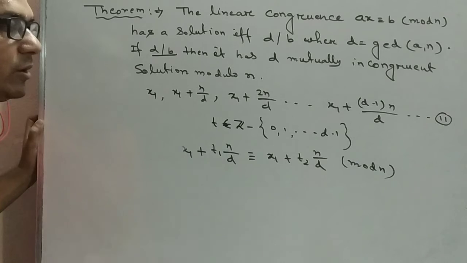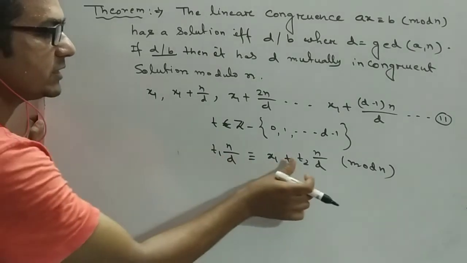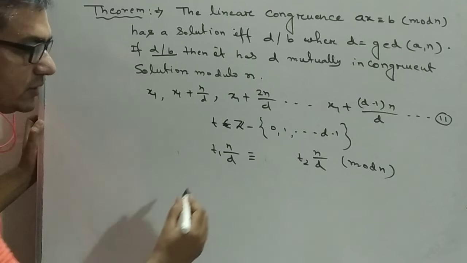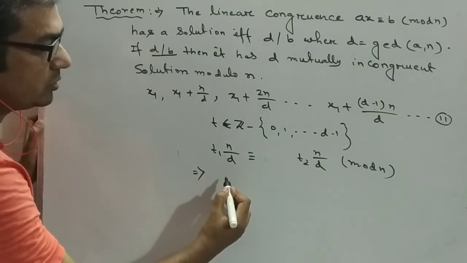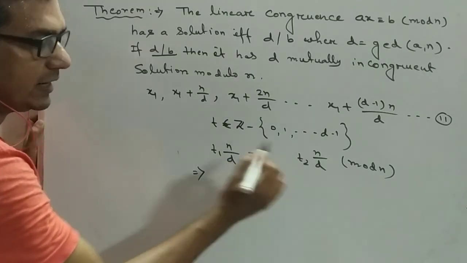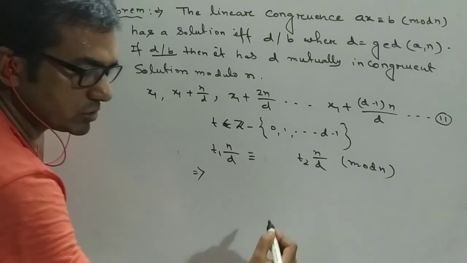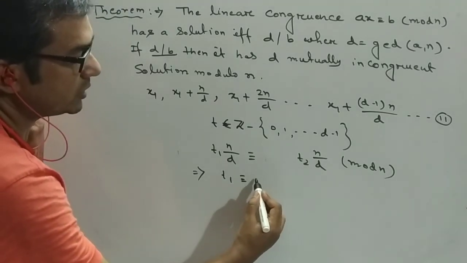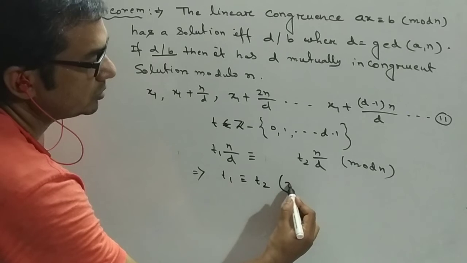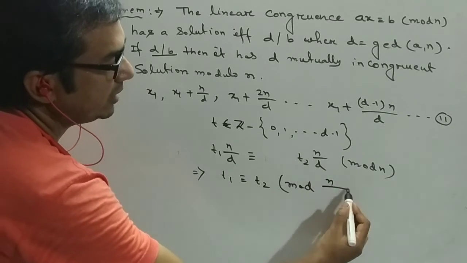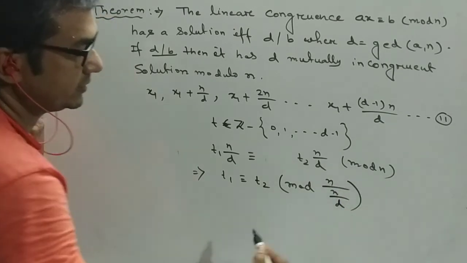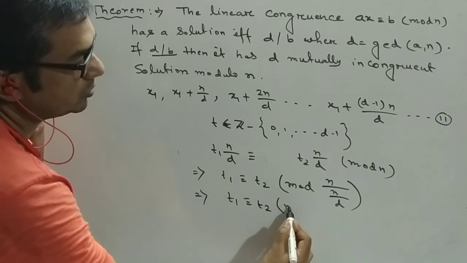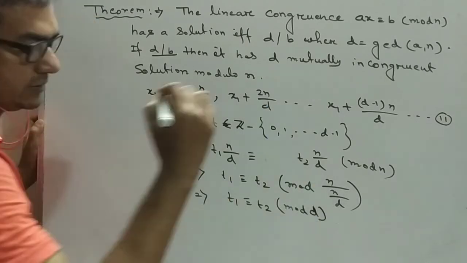So from the property of congruence we delete this and this, and we also cancel n by d, because t1 congruent t2 mod n by d, that is t1 congruent t2 mod d.